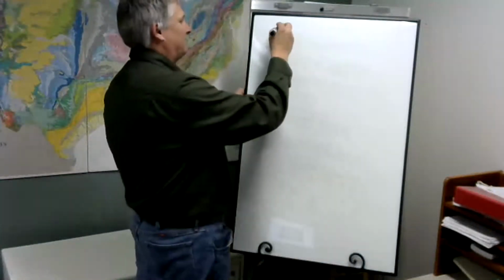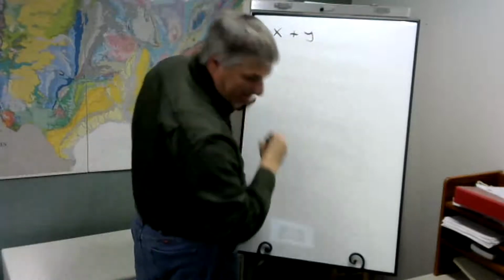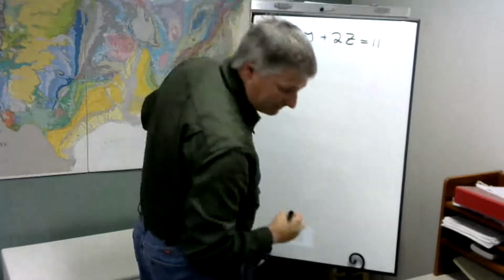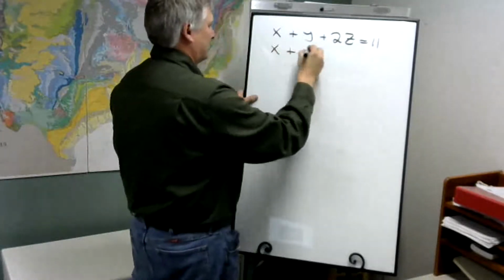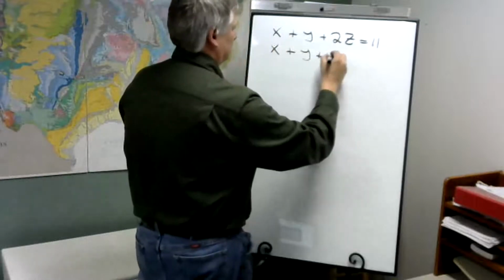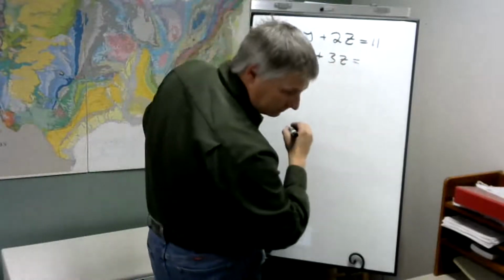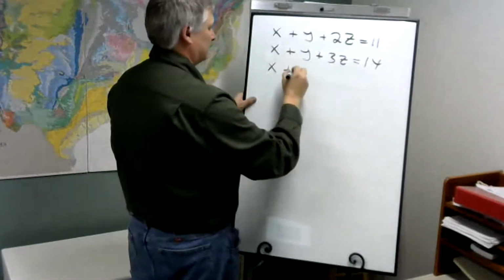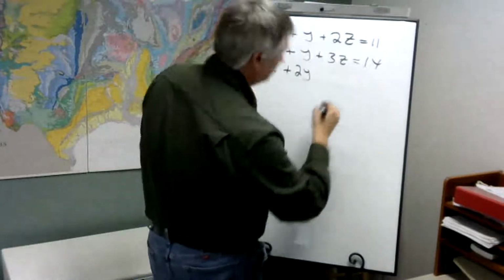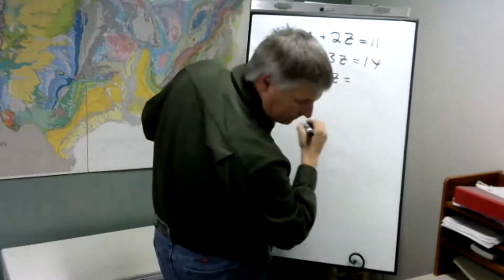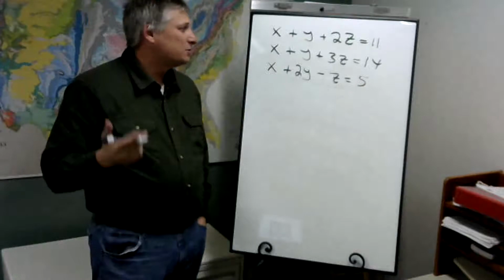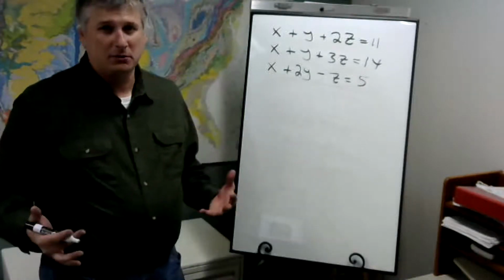So how do we deal with these? Well, let's say we have this. Well, what we want to do is reduce the number of equations from 3 to 2.